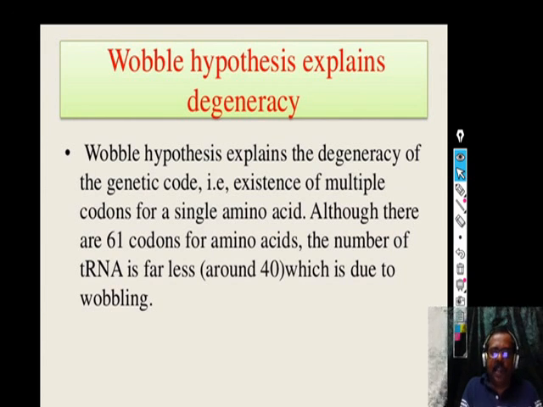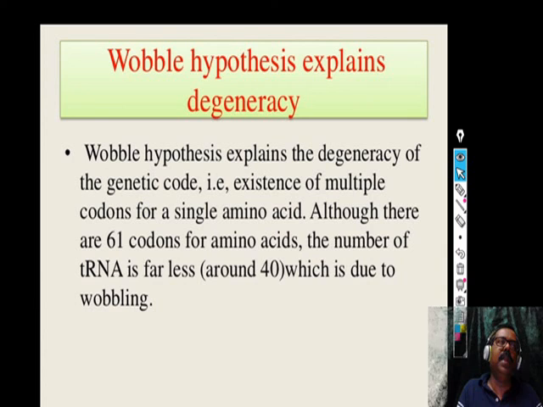How does the Wobble hypothesis explain the degeneracy? The Wobble hypothesis explains the degeneracy of the genetic code, that is, the existence of multiple codons for a single amino acid. As we have mentioned earlier, although there are 61 codons for amino acids, the number of tRNA is far less, around 40, which is due to wobbling. So how is it possible? There are not enough tRNAs for the different anticodons for the different codons.